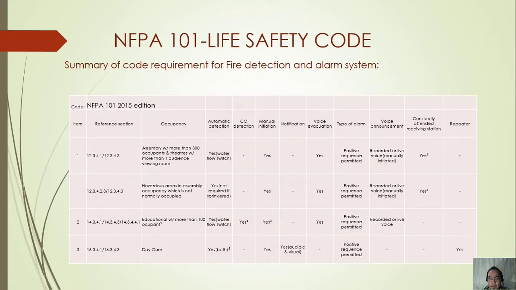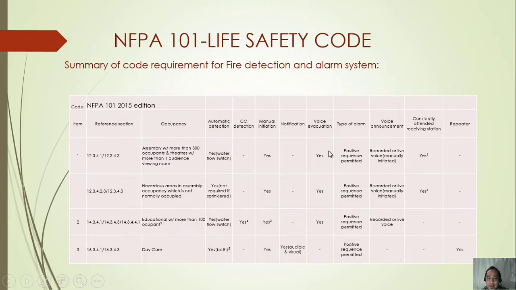So notification, it's blank. Why? Because in assembly, it is required to have voice evacuation rather than just a normal audible and visual notification. Why? Because having complete information for people to evacuate is critical, no?